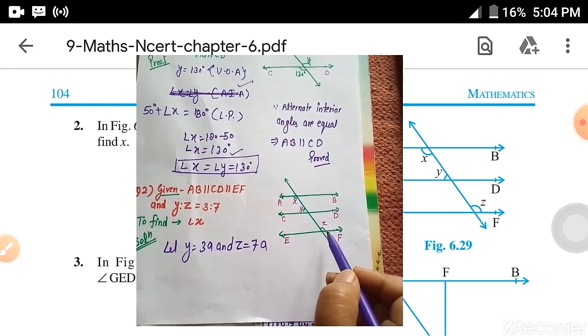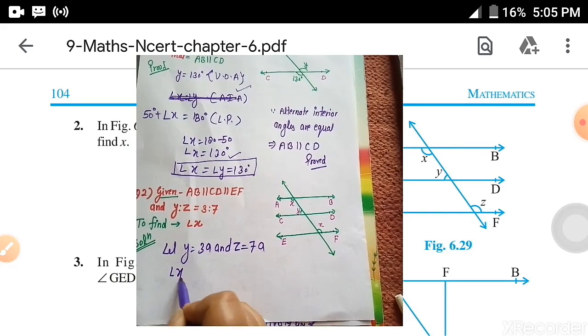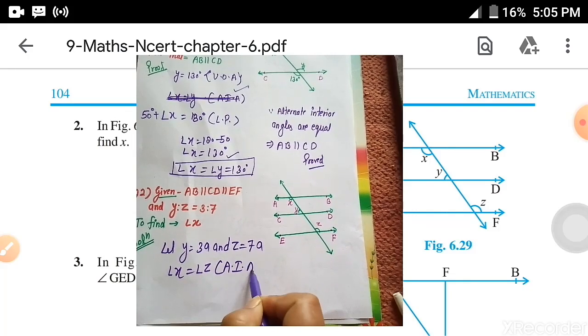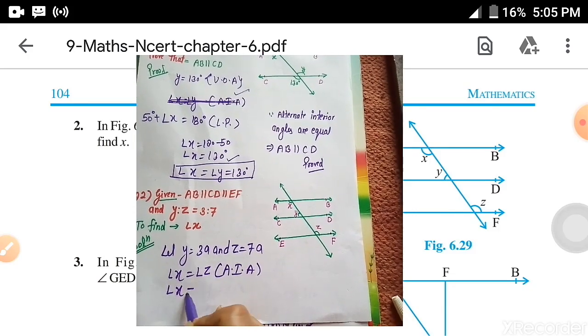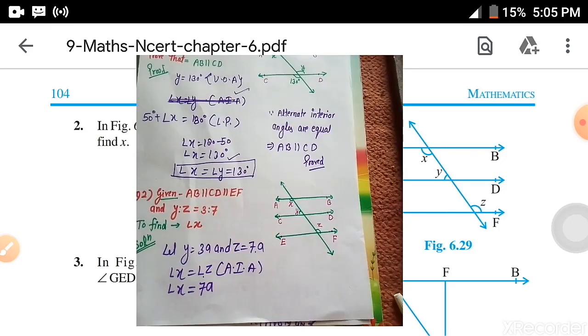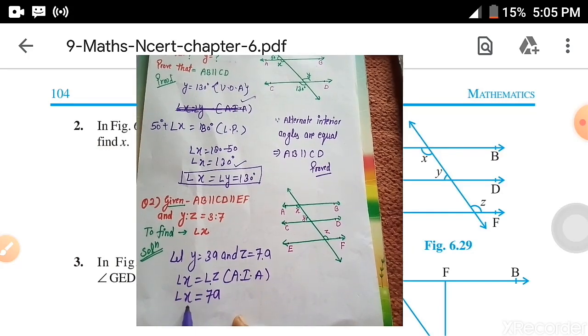So angle X is equal to angle Z. These are alternate interior angles. Now the value of X is equal to the value of Z, which is 7a, so X is also 7a.